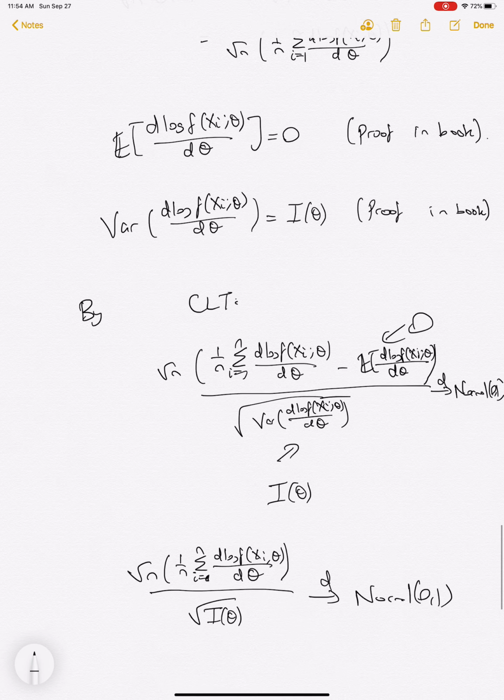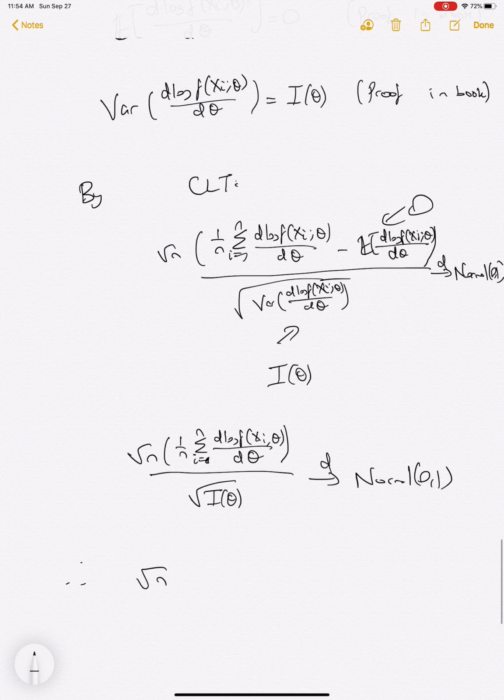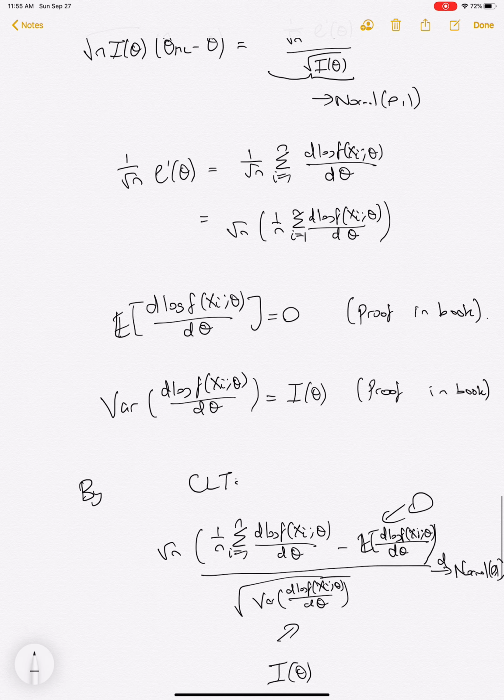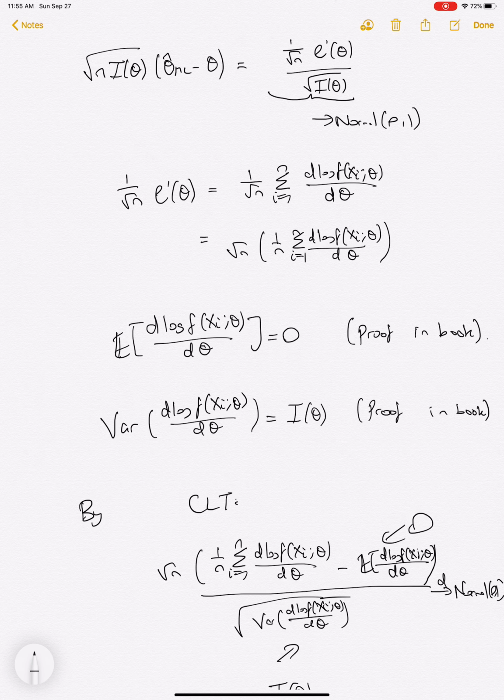Therefore, square root of n, with I of theta here, times theta hat ML minus theta, converges to normal 0, 1. Again, the main thing to take out of this is the high level points of the proof and where this comes from, because I don't really like this result where it just seems like it's pulled from thin air. So this is just an idea of where all the important terms come from.